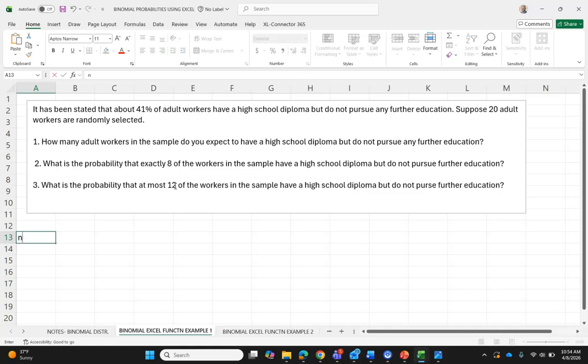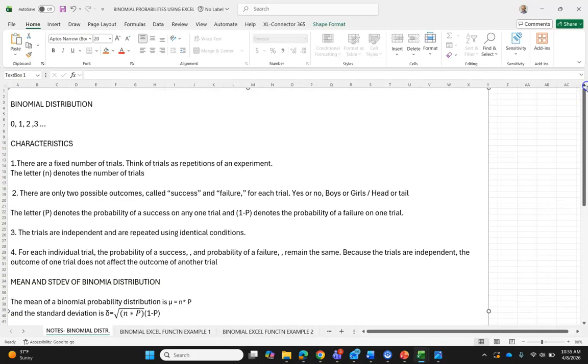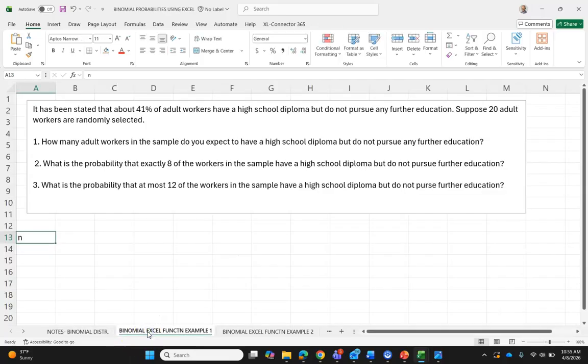We need to see if we have the trials, because according to the notes, the first characteristic is that we need a fixed number of trials. So in this case, the number of trials should be the 20 adults who are randomly selected, and that is fixed. So we can say n is 20. Skip the line here and put 20 there.